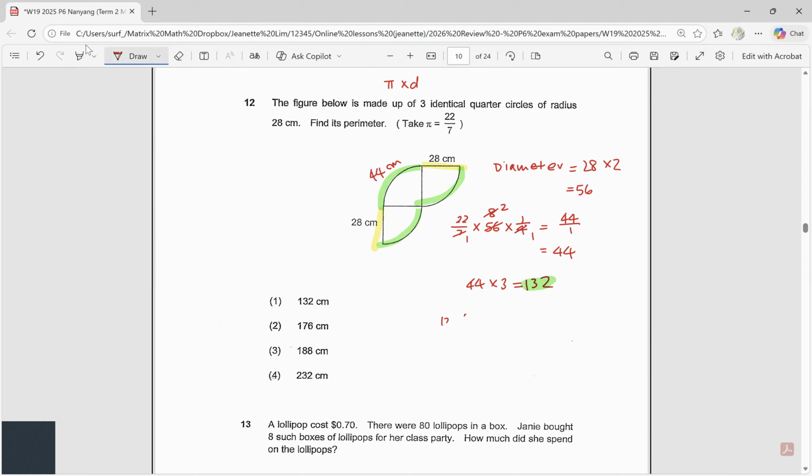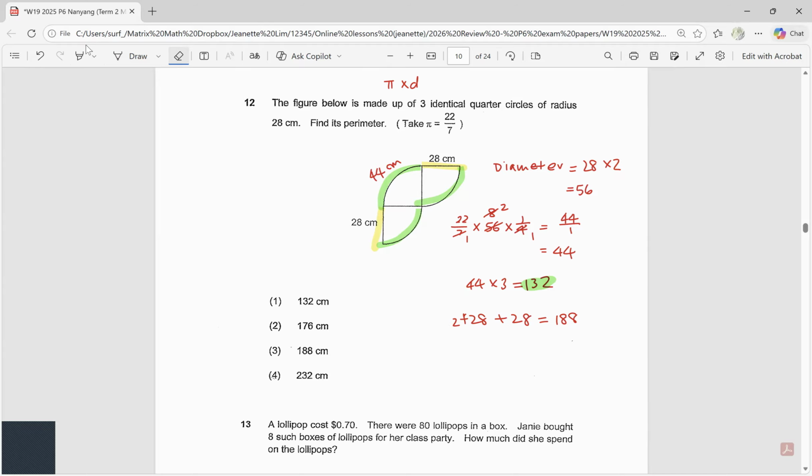So 132 plus 28 plus 28. 188. Okay, so answer 188 cm, option 3.